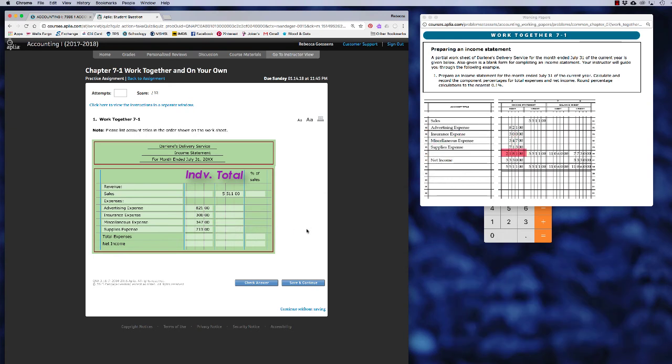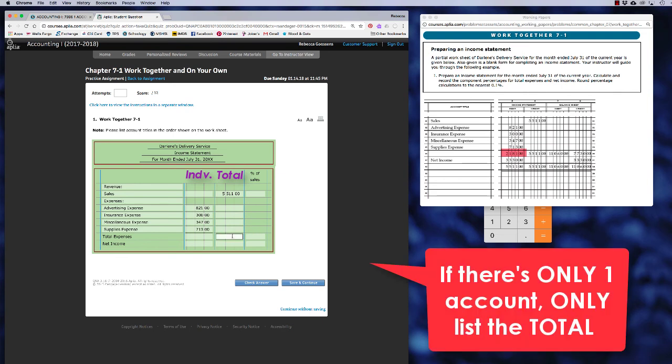Rather than pull out a calculator and add all these together, I'm going to use the total that I already had figured from the income statement totals column. And again, totals go in the right. So under the total expenses on the right hand side, I'm going to take the total on the worksheet, 2,181, and place it there.